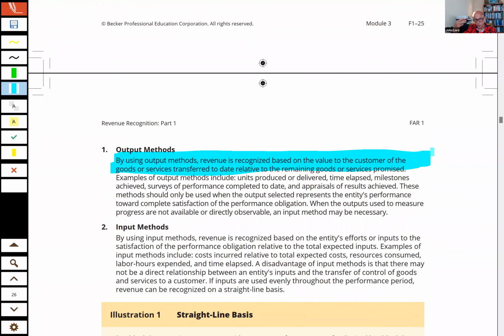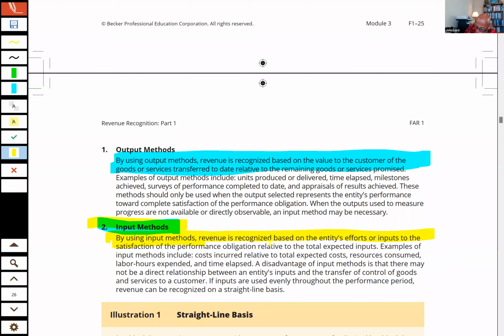So again, you've delivered so much product to me, you can take that much revenue. Input methods are what we look at when we look at percentage of completion. As you spend money constructing that, that's an input, and you can take revenue based on how much of the total inputs you have put in at that point in time.